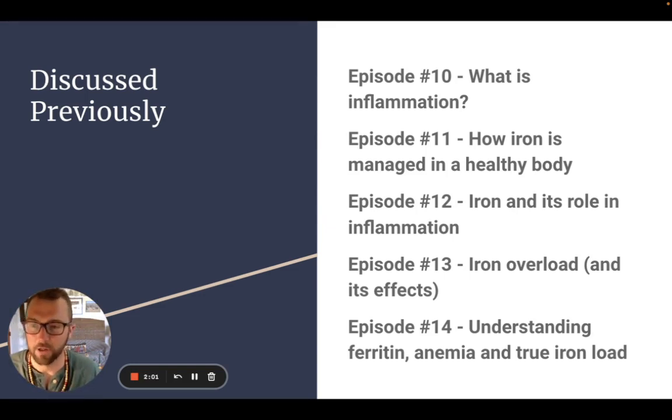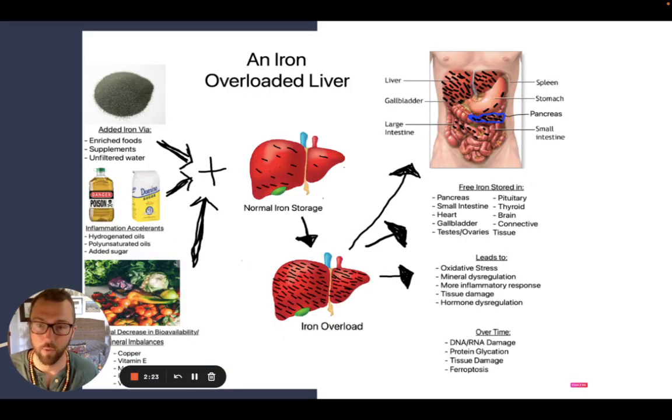You know, serum ferritin is kind of the golden standard that we've come to accept. In episode 14, I talk about how that may not be a great thing, and it may have misled us in diagnosing a lot of our chronic inflammatory conditions. So if you haven't watched them already, I recommend that you go back and do that. It's going to help you in talking about what we're talking about today.